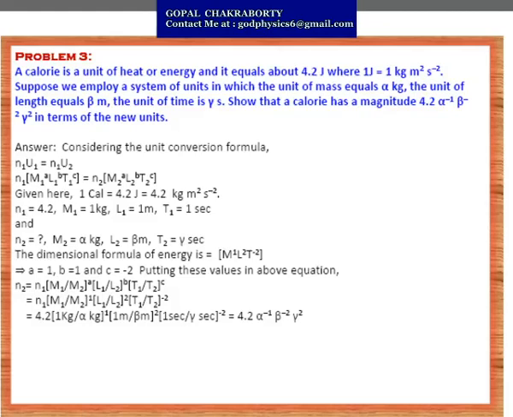The value of n2 will be 4.2 alpha to the power minus 1, beta to the power minus 2 and gamma to the power 2. So it is easily shown here that calorie has a magnitude 4.2 alpha to the power minus 1, beta to the power minus 2 and gamma to the power 2. So this is the solution of problem number 3.